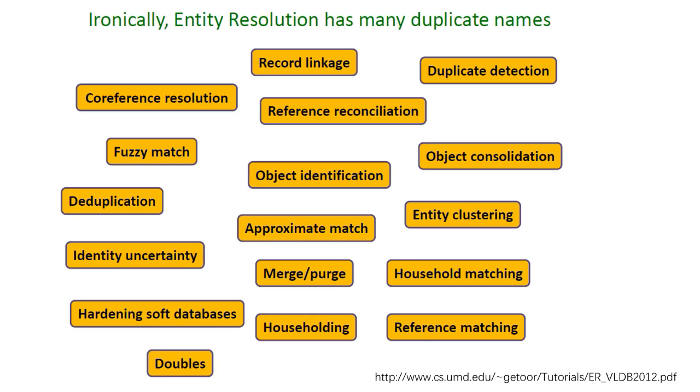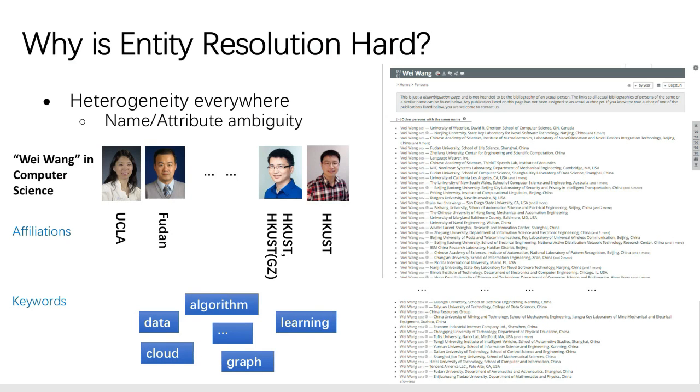This is partly because the problem is so popular, they exist in all sorts of areas, and people name the same problem using different names without realizing that there are standard names in other fields. For example, record linkage, as far as we know, mainly comes from statistics and the Census Bureau, and duplicate detection is more related to computer science.